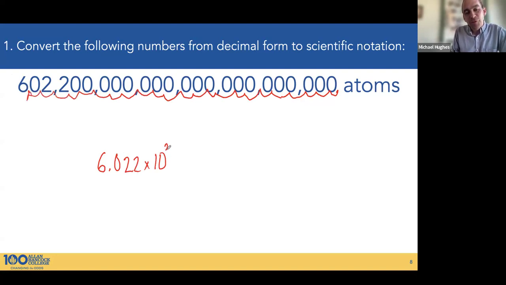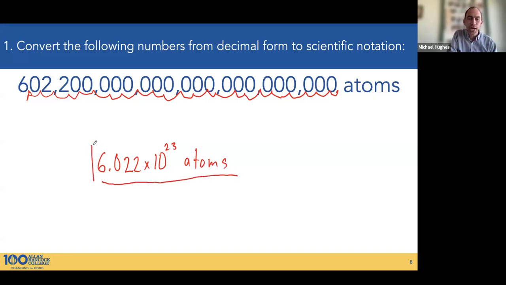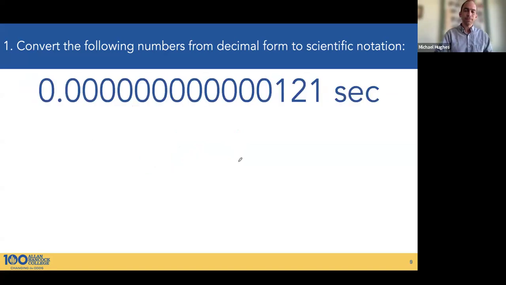Oh, off to a bumpy start there, but I pulled it off in the end. Atoms, of course, Avogadro's number, 6.022 times 10 to the 23rd atoms. That's not relevant yet. It will be.